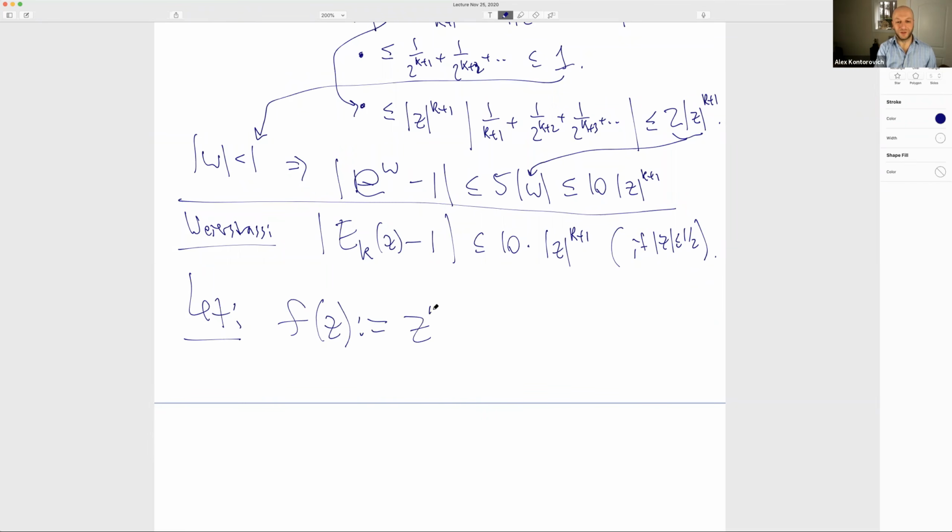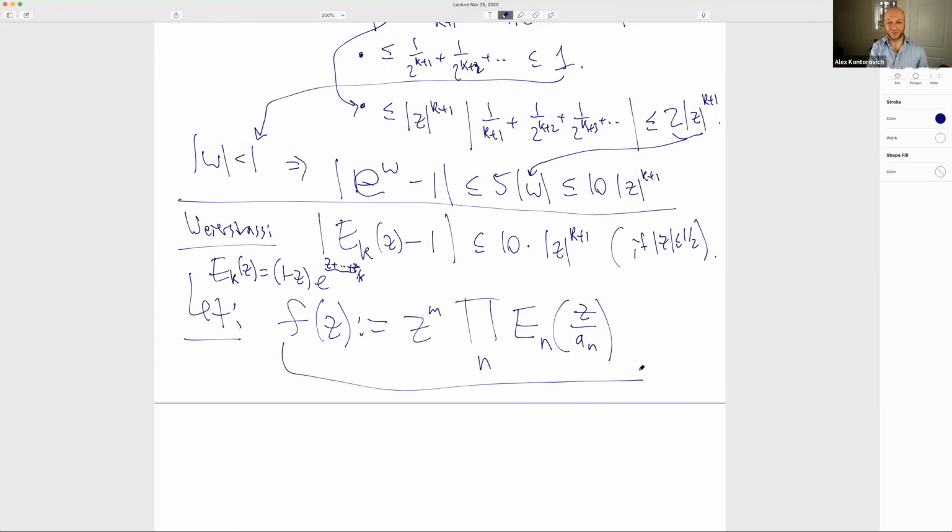There's some number of zeros at the origin, nothing we can do about that. And then a product over all n. He does a diagonalization argument. And remember what the factors are. e_k of z is 1 minus z times e to the z plus and so on, z to the k over k. Doesn't really matter what this is anymore, now that we've proved this little lemma. My claim is that this function will work.